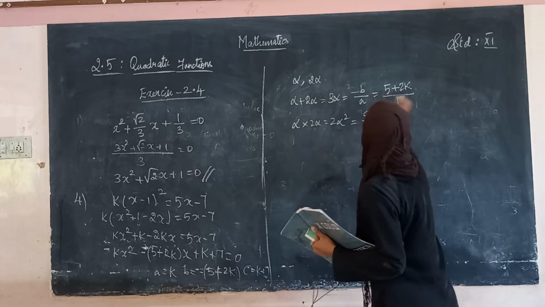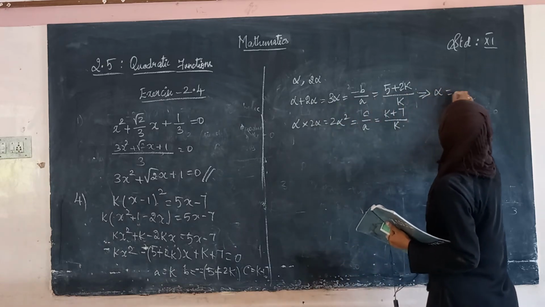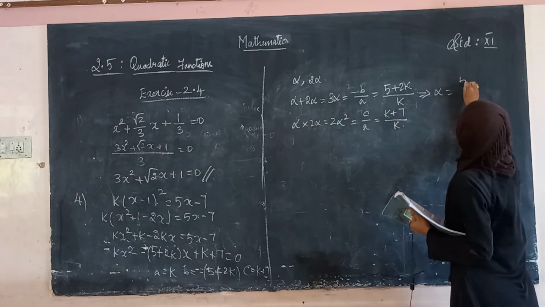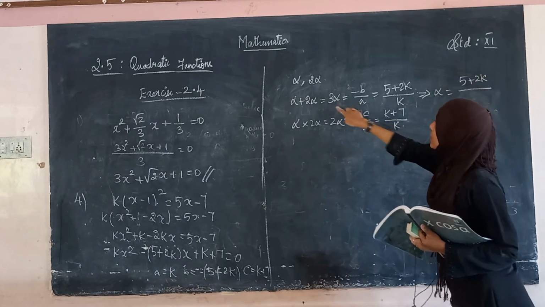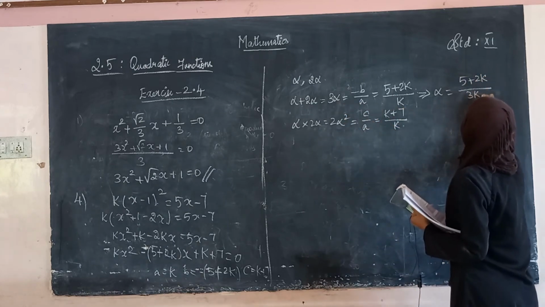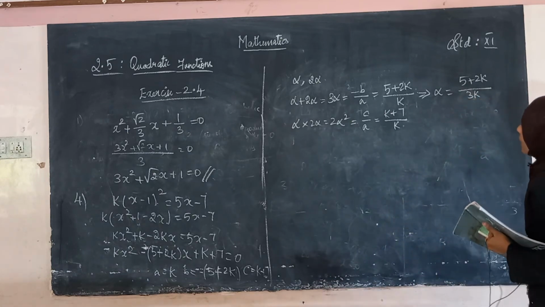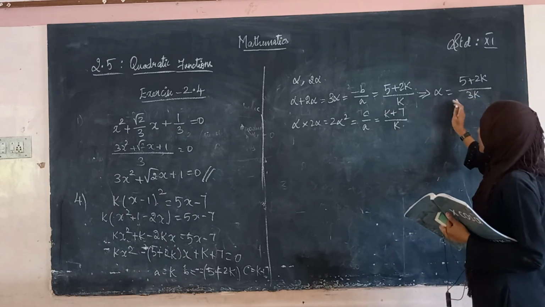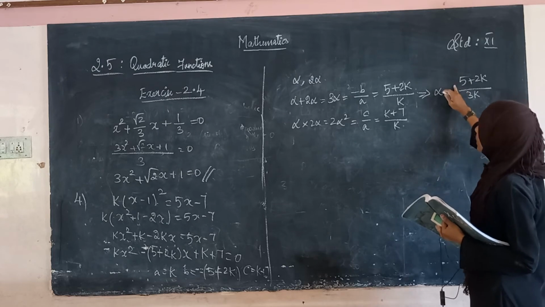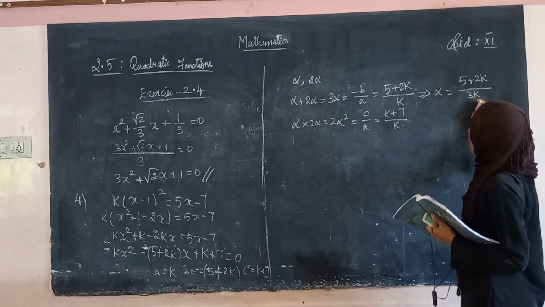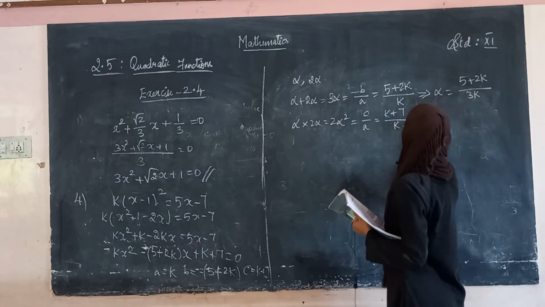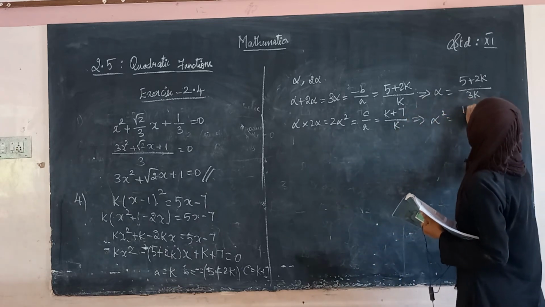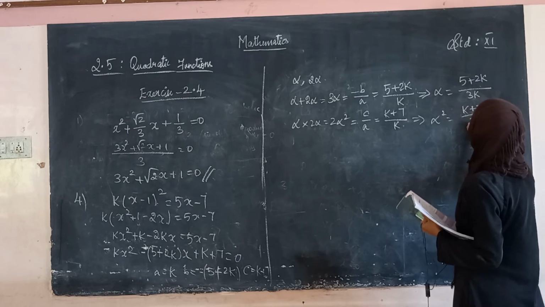From this we can take alpha is equal to 5 plus 2k divided by, take this 3 this side, it becomes 3k. Alpha is equal to 5 plus 2k divided by 3k. Here we got that alpha square is equal to k plus 7 divided by 2k.